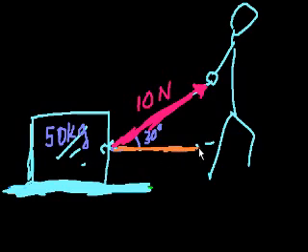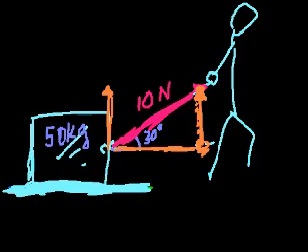Its horizontal magnitude, if you imagine this vector in an xy coordinate plane, would be essentially the x value. If this was 10 away at a 30-degree angle, this value right here would be its x value, and then the y value would be this. Another way you could think about it, I could have drawn this y value here, and they would make up a triangle.